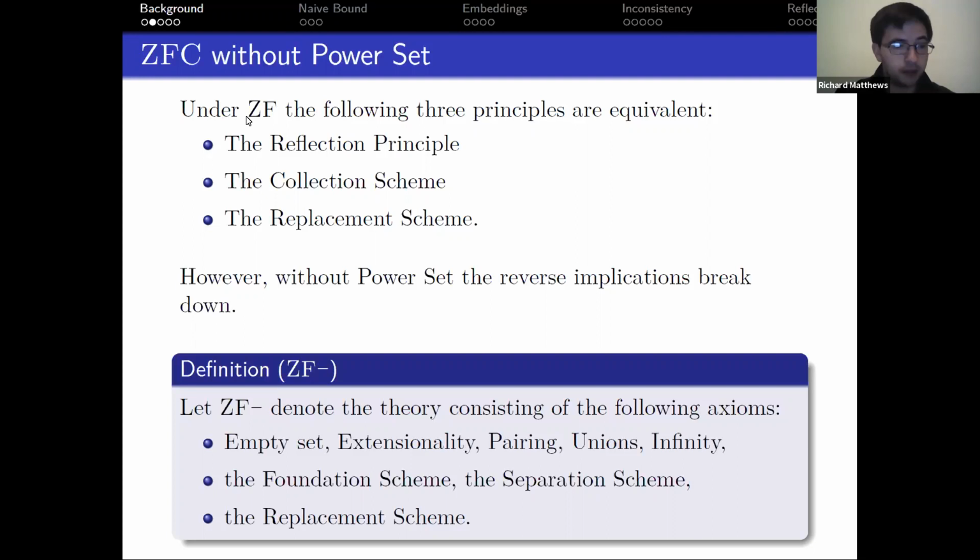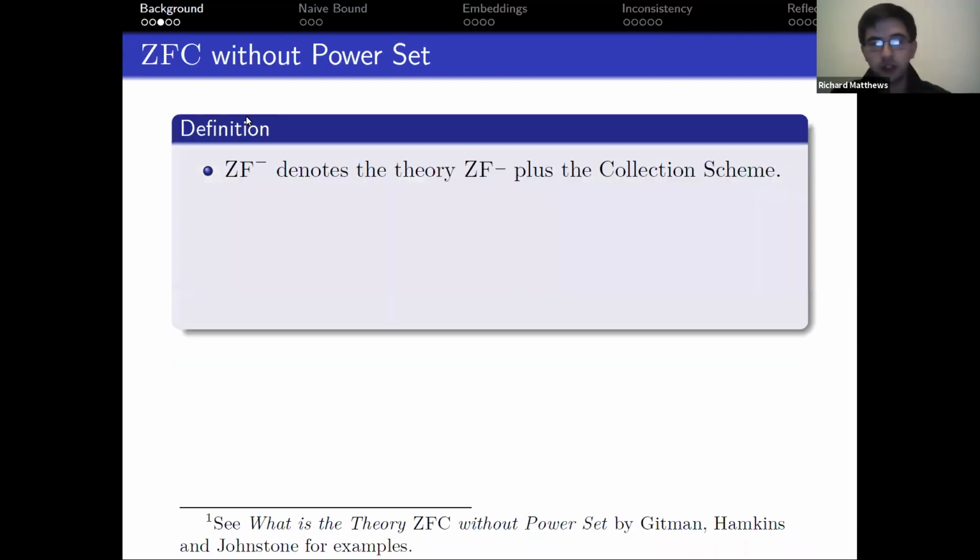Then I'm going to follow the notation used by Gitman, Hamkins, and Johnstone, and have ZF with an upper minus be the stronger theory of ZF minus with the collection scheme. If I ever say either ZF minus or ZF without power set, this is the theory I'm talking about.